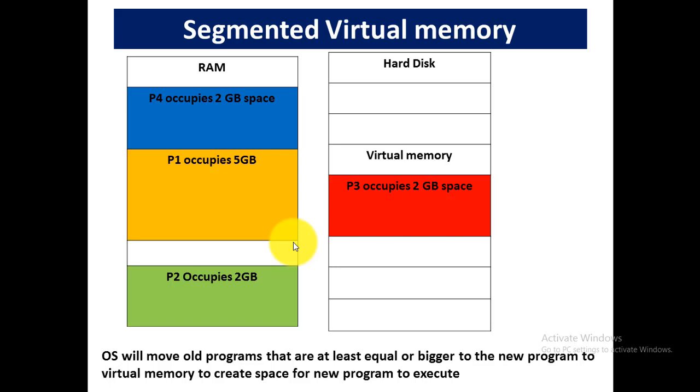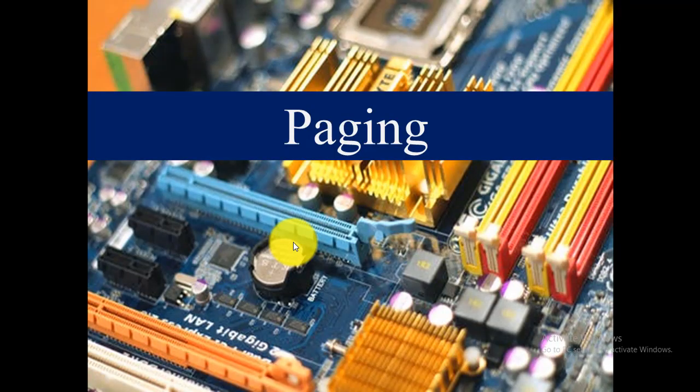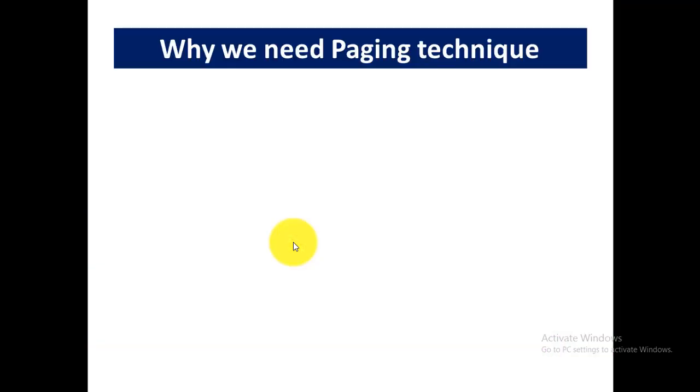To tackle all these drawbacks of segmented virtual memory, developers developed another technique known as paging, which resolves not only all these problems but also provides a better memory management technique. So, paging: first of all we have to know why we need the paging technique. What was the reason that we need another technique instead of using segmentation?